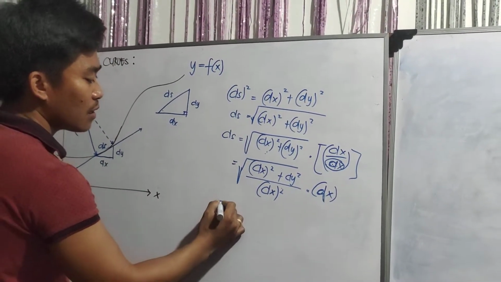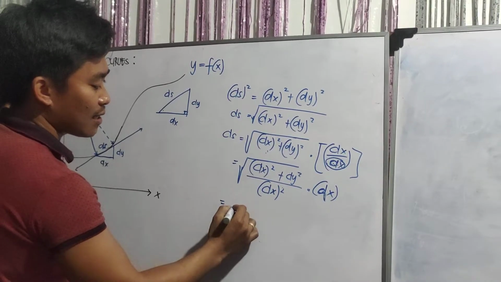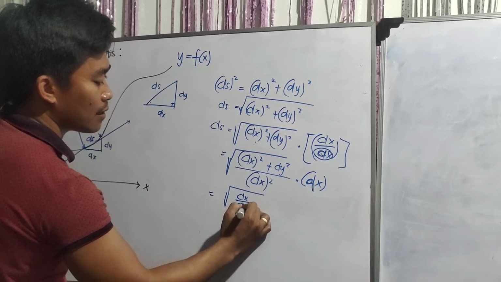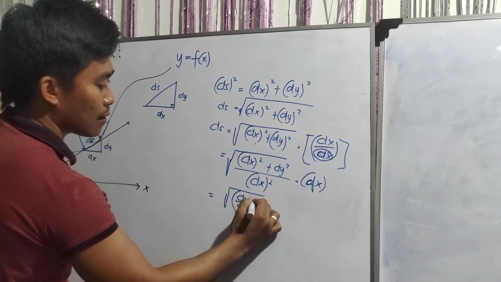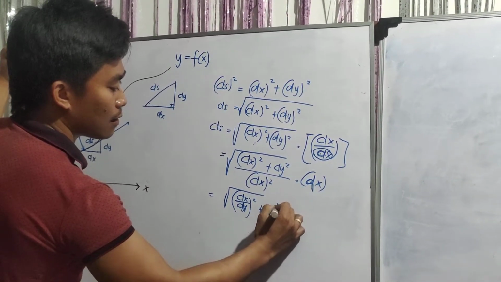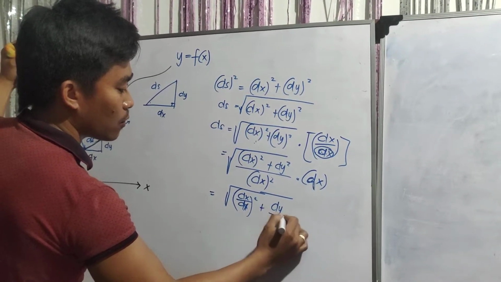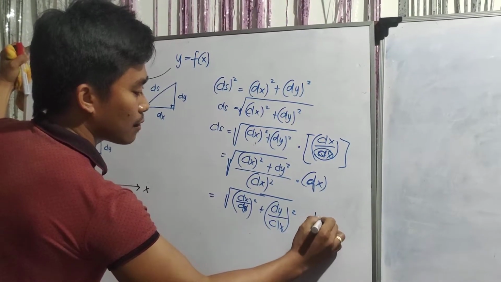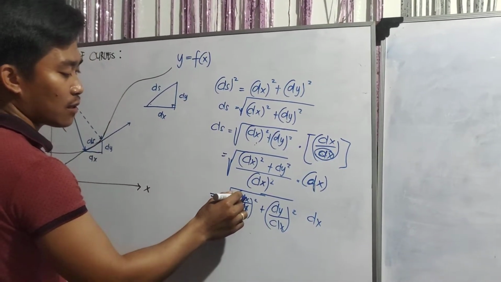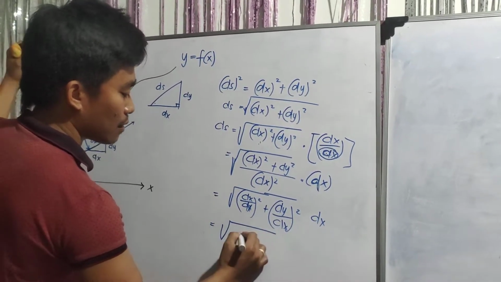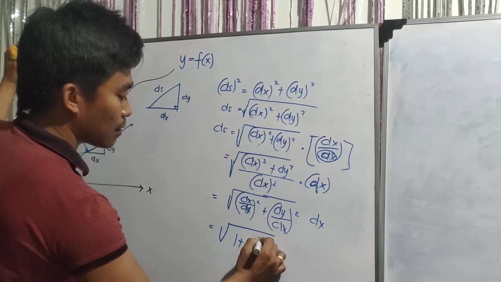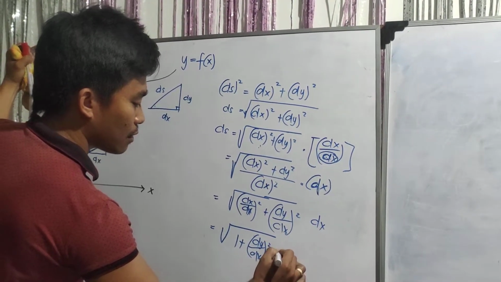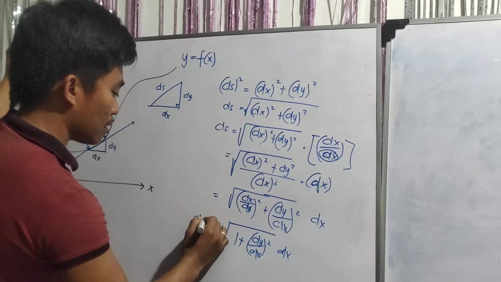Okay? Now, dx squared over dx squared, what's that? That is just 1. So we have the square root of 1 plus dy over dx squared, dx.